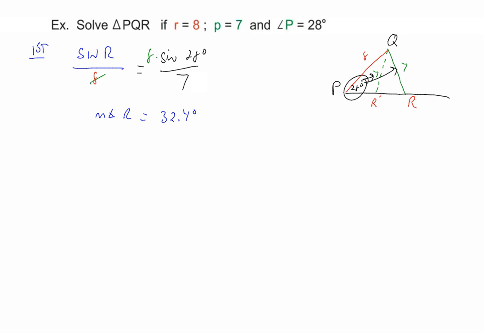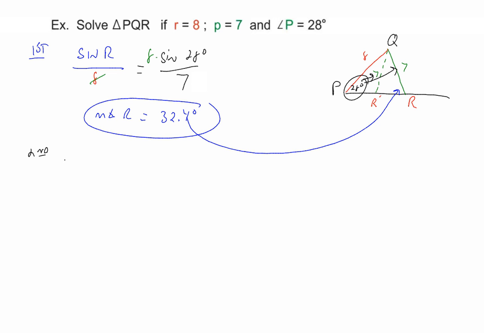Which of the two angles did we just find? That's the acute one, right? So we must have found that one. 32.4, yeah, did I say 34.2? 32.4. Okay.